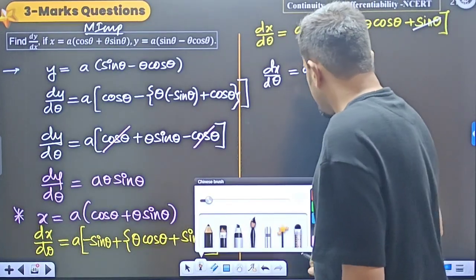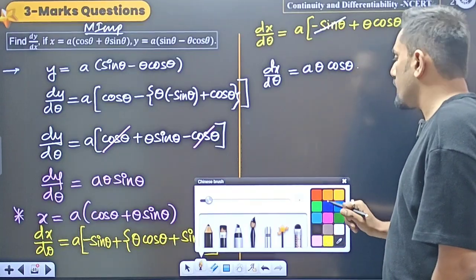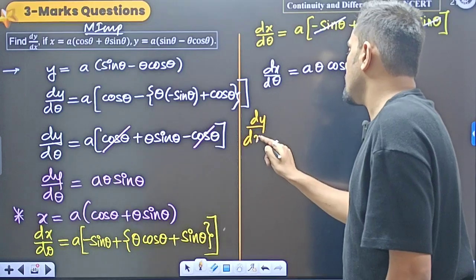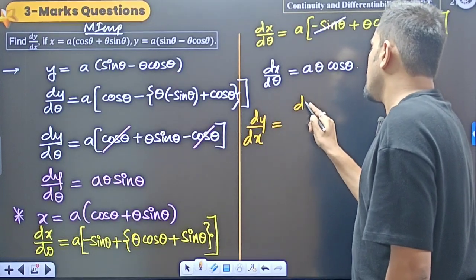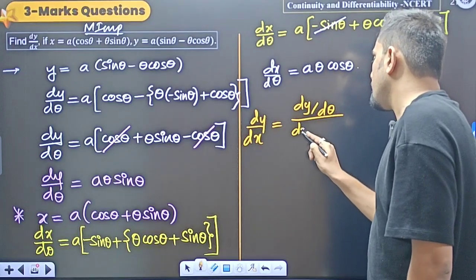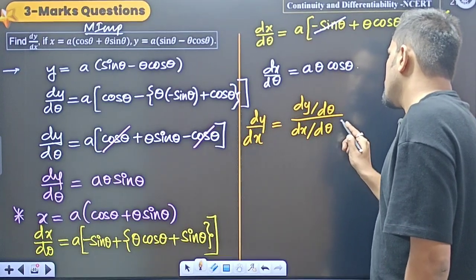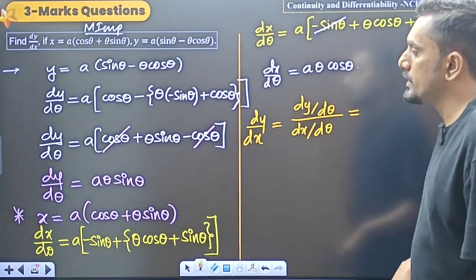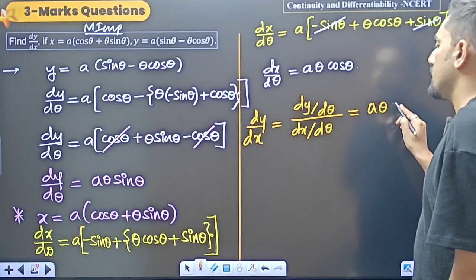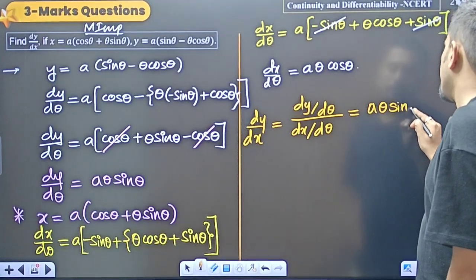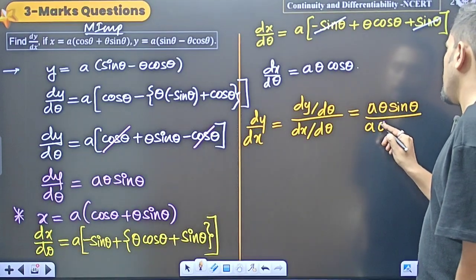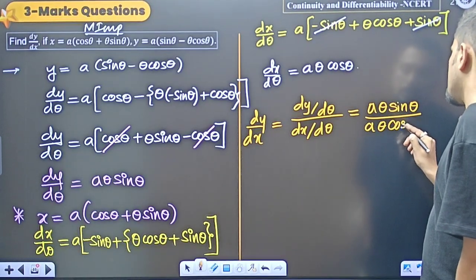So this is not our answer. Now we have to find dy by dx. So dy by dx can be written as dy by d theta divided by dx by d theta. What is dy by d theta here? dy by d theta is a into theta sin theta divided by dx by d theta, which is a into theta cos theta.